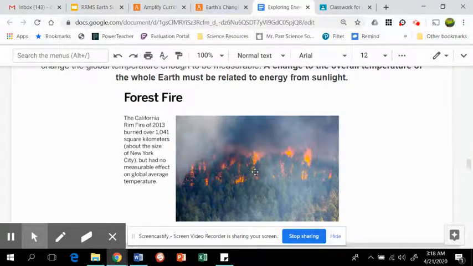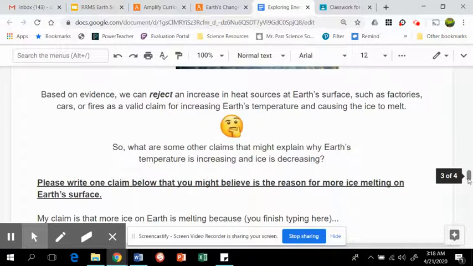So this is the California Rim Fire of 2013, which burned over 1,041 square kilometers, about the size of New York City, but had no measurable effect on global average temperature. So based on evidence, we can reject an increase in heat sources at Earth's surface, such as factories, cars, or fires, as a valid claim for increasing Earth's temperature and causing the ice to melt.